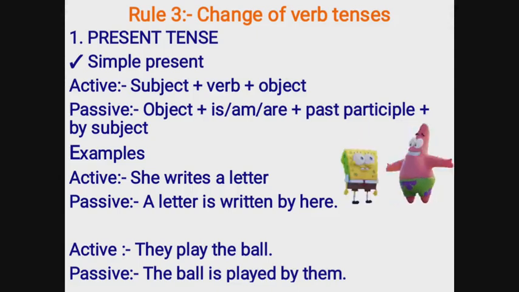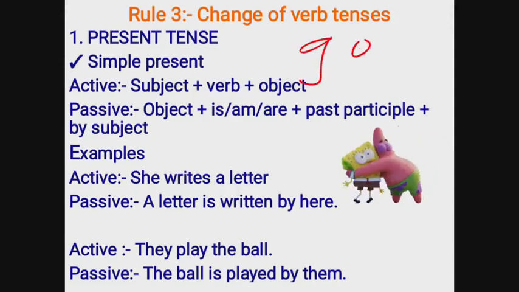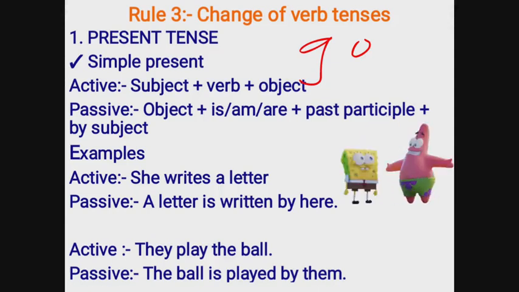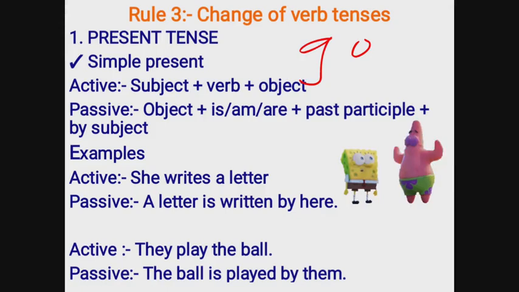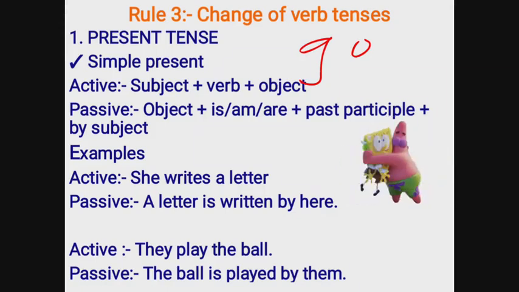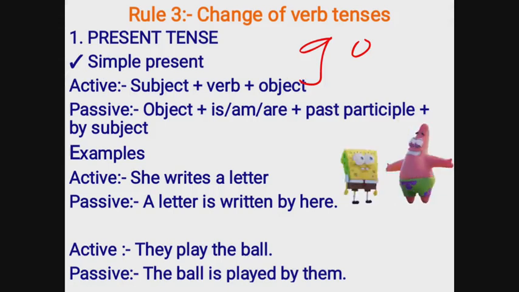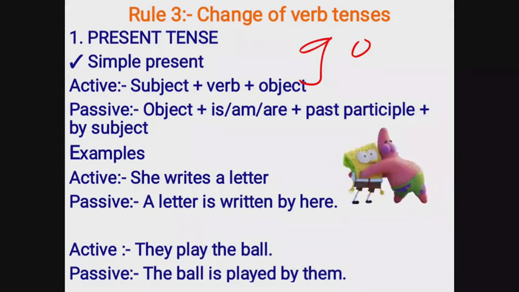For example, let's use the word go. What is the past tense of go? Went. What is the past participle of go? Gone. All right, so go, went, gone. Go is the verb. The past tense of go is what? Went. And the past participle is what?